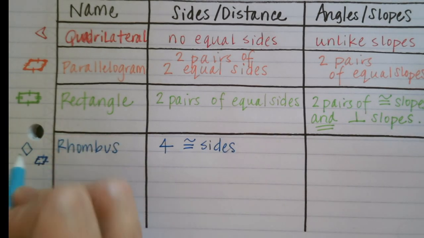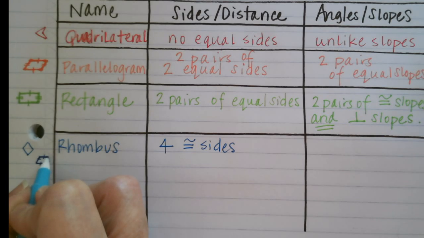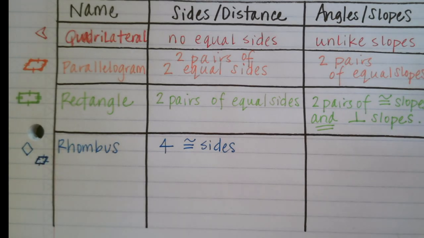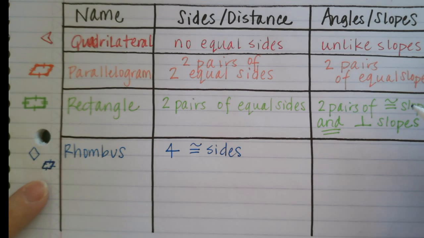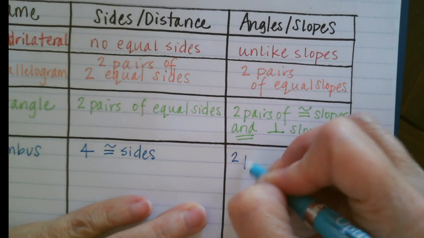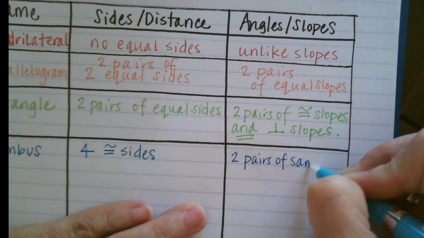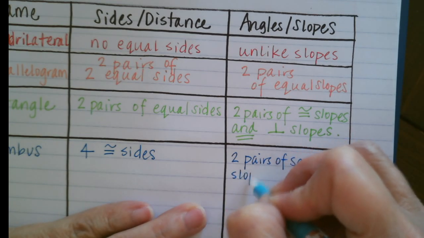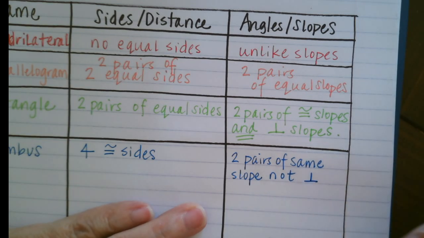All right, and then we still need the top to be parallel to the bottom, and we still need the left to be parallel to the right. So we need 2 pairs with the same slope, but they're not perpendicular.